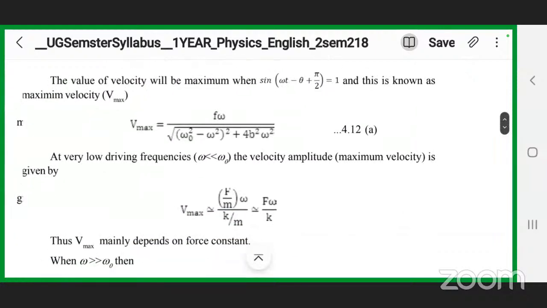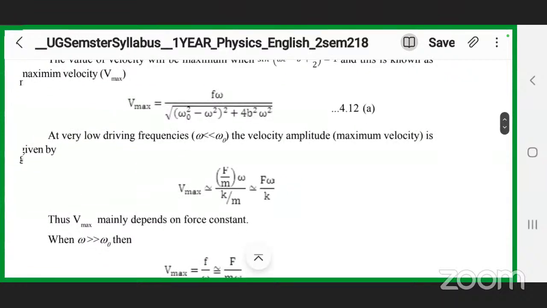Next, at very low driving frequencies, small vibrations are made by this forced oscillator. When omega is far less than the natural frequency of the forced oscillator, the maximum velocity V max is approximately equal to capital F by m into omega by k by m.